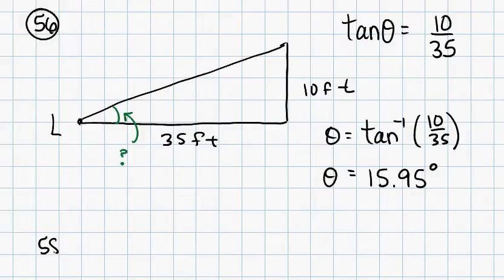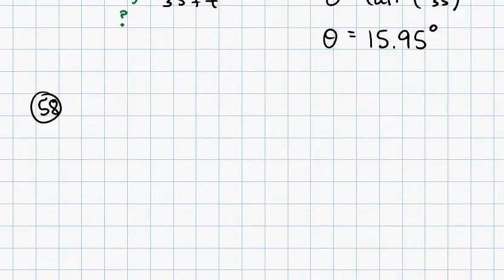Please take a moment, pause the video, read and answer problem number 58. So I hope you have an answer for problem number 58. We start with a wall. I like my wall again to be over here on the left. My wall is 9 feet tall.